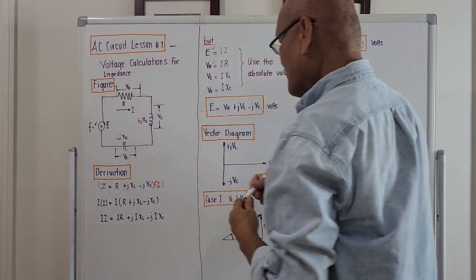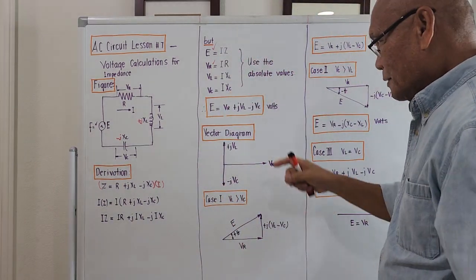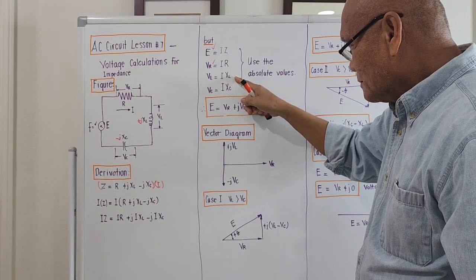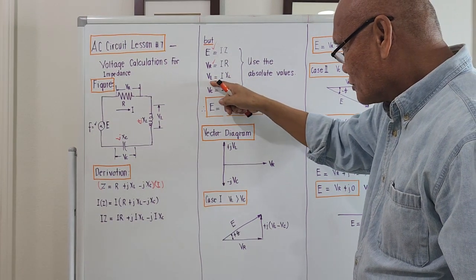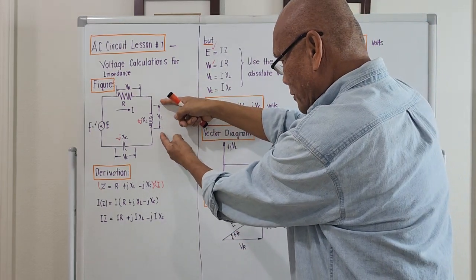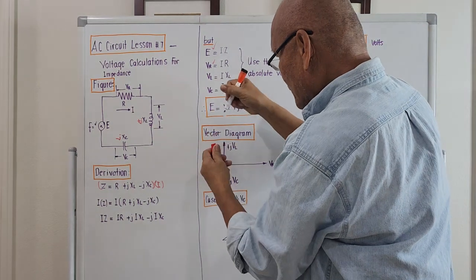That's V sub R. The product of I times X sub L, that will be V sub L. It is the voltage across the inductor or coil. That's V sub L.